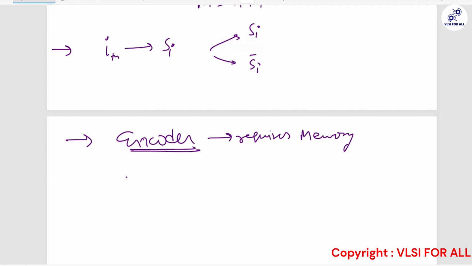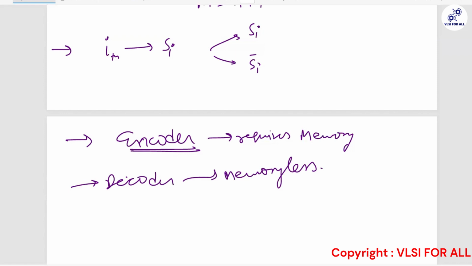Because the encoder has to remember the bits it has transmitted, and which bit is more frequent among them, either 0 or 1. That's why the encoder requires memory, and the decoder can be memoryless.